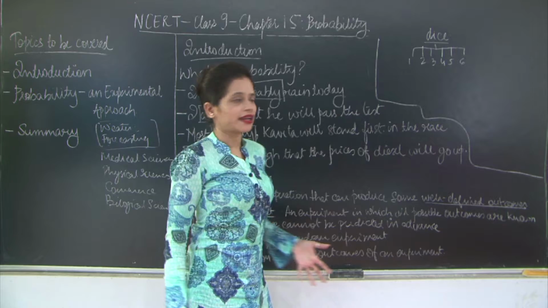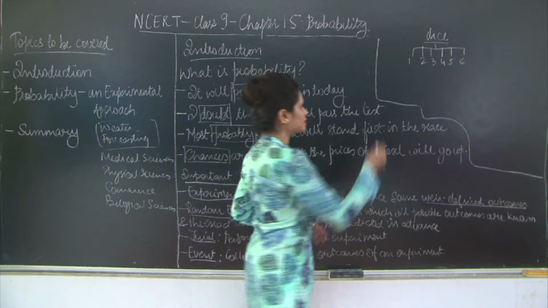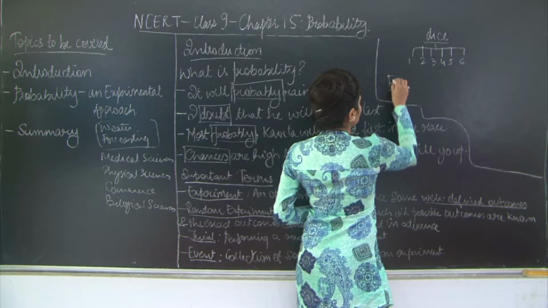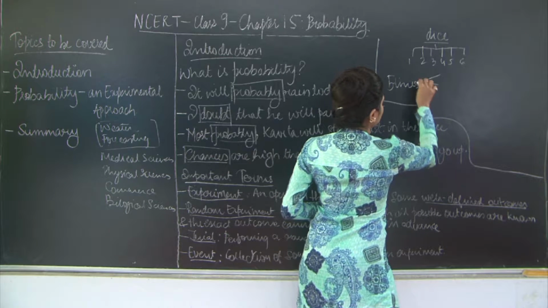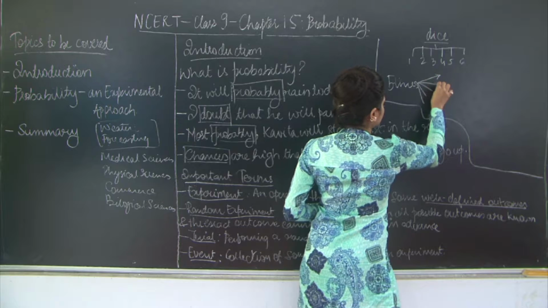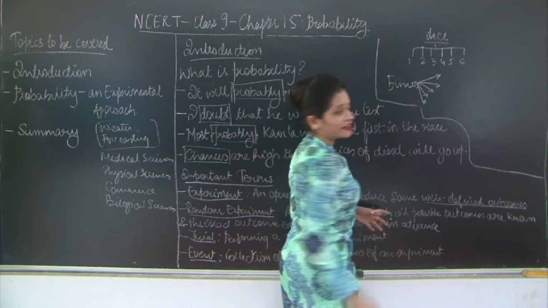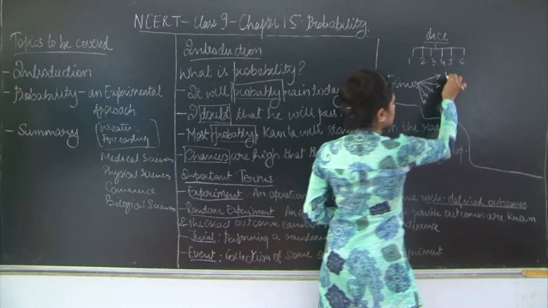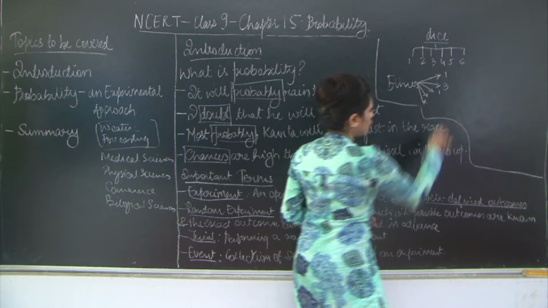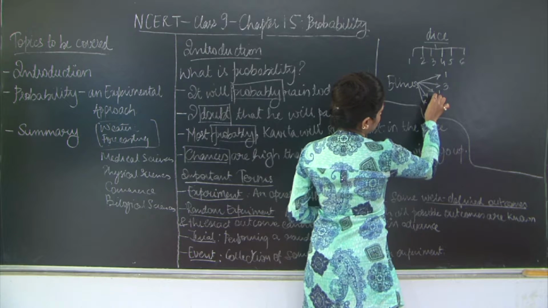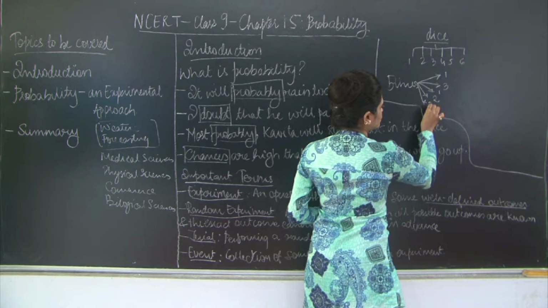Let's say I am rolling this dice 5 times. The first time my outcome is 1. The second time my outcome is 3. The third time my outcome is 1. Then I have 2, and then again 2.